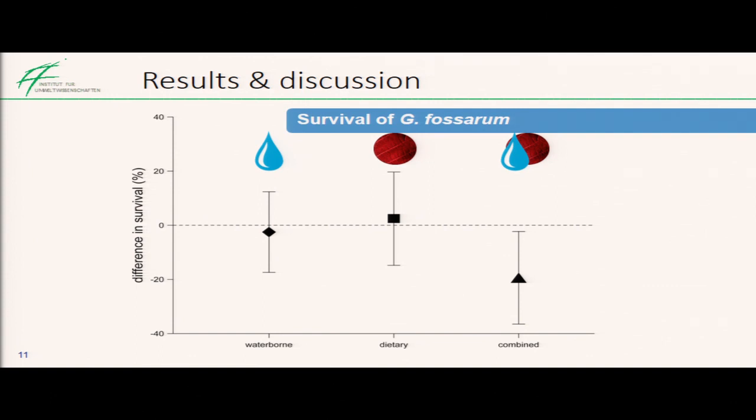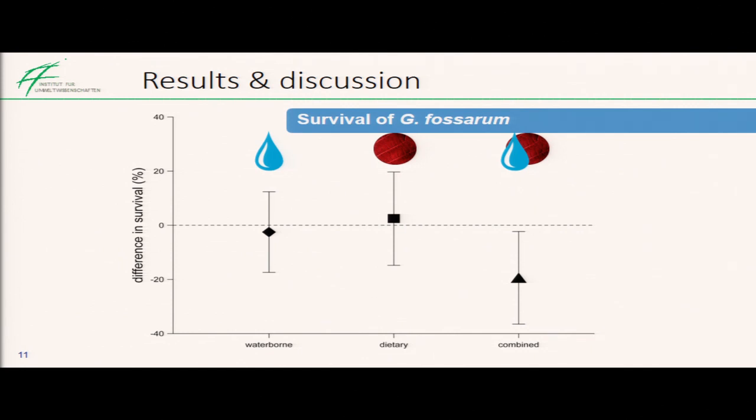It's maybe one organism died or so, more in the treatment relative to the control. If we are only looking into the dietary exposure pathway, the same, there is not much happening. But survival goes down, not substantially, but 20% to some extent down as soon as we are combining both exposure pathways. So that means also here, looking only at one exposure pathway might be a little bit misleading, let's say it in this way.